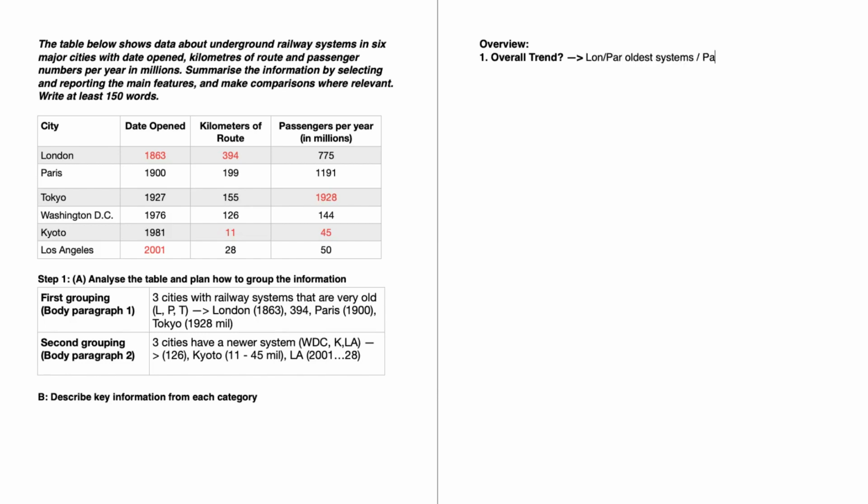And I'm going to talk about passengers in Tokyo versus those in Kyoto because it is the highest versus the lowest. So there isn't really anything else to add in terms of a trend. And you see in this example, we had already figured it out when we looked at the data. All right, so that is all the preparation work. Now I'm going to show you the essay and we're going to analyze it for its language and its organization.